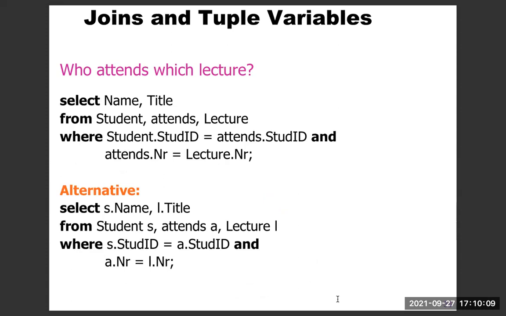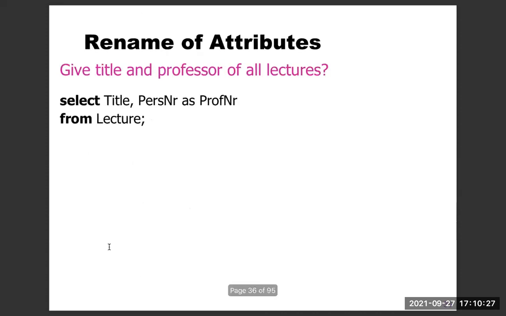We may add aliases, so student is S, attendance is A, lecture is L. These are just other names that we may use to refer to tables. So instead of student, we may use S. We may rename attributes, essentially adding other aliases, like person number as prof number.